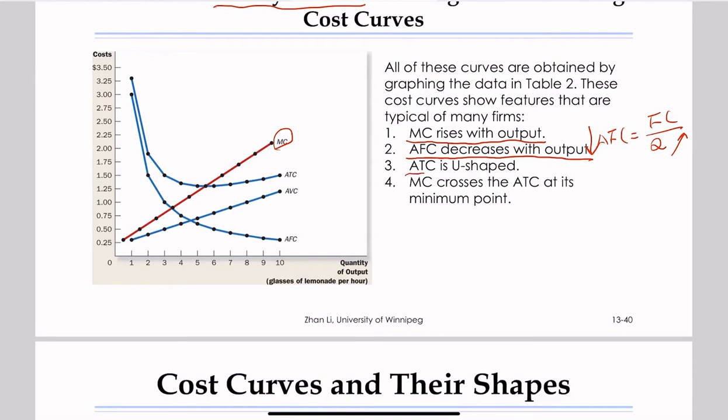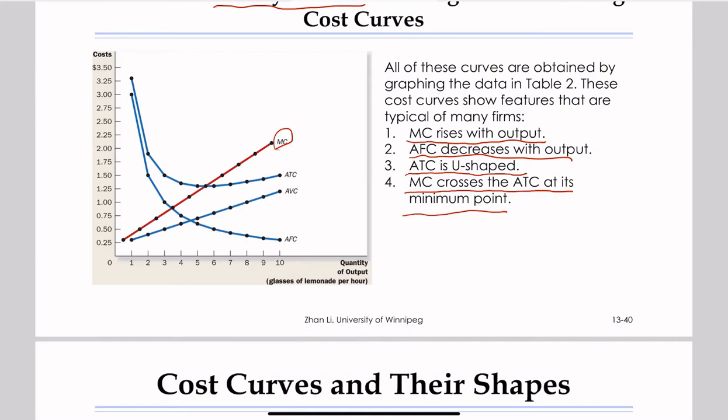Then ATC is U-shaped, right? This is an important result. So let's see which one is the ATC curve. This is the ATC curve, and you can see that it's U-shaped. We can also see that the marginal cost curve crosses the ATC curve at its minimum point.